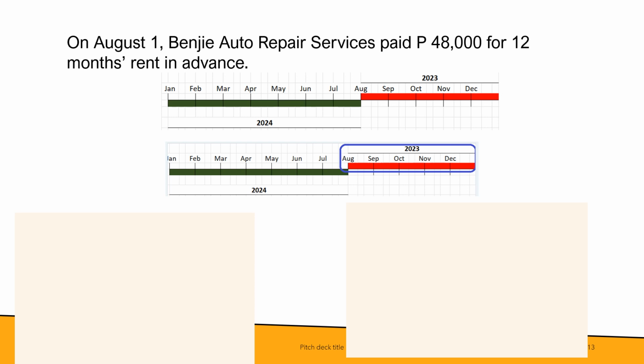To record for Benji Auto Repair Services, we have to take note of the method used by the entity. It could be asset method or expense method. So let us revisit what was the entry on August 1. Under the asset method, the entity used an asset account in recording the payment of rent amounting to 48,000.